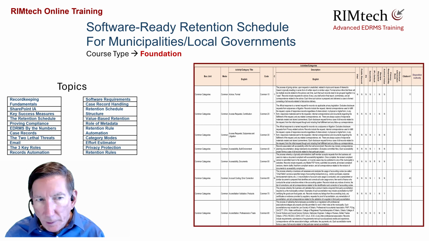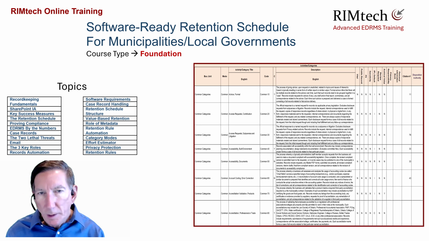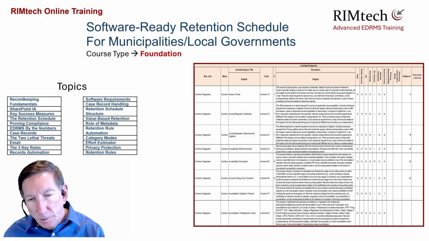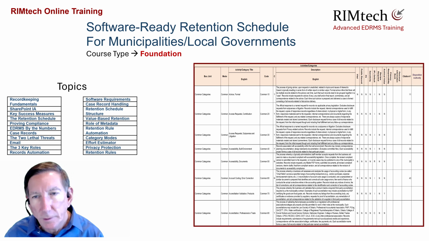What libraries do we need? What do we need to call them? How many do we need? What metadata do we need? How much metadata? Well, that metadata is going to be used inside the retention rules. So do you see how the two are connected, right? In order to automate this process, the retention schedule will need metadata, which is driven by the SharePoint information architecture. So they're all linked together.